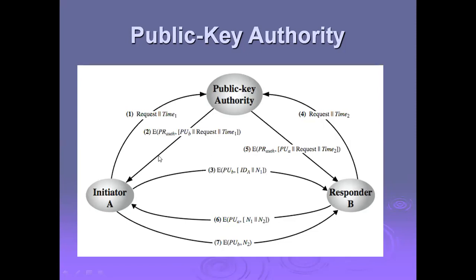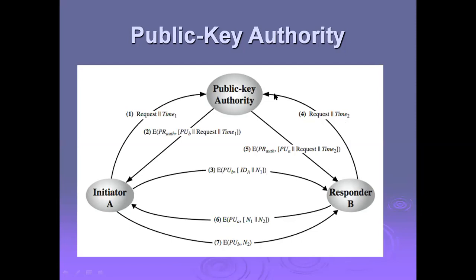This is the communication between the initiator and the public key authority. In the third step, the initiator sends the encryption with the public key of B of the identification of A along with a nonce. Then in the fourth step, the responder sends a request with T2.